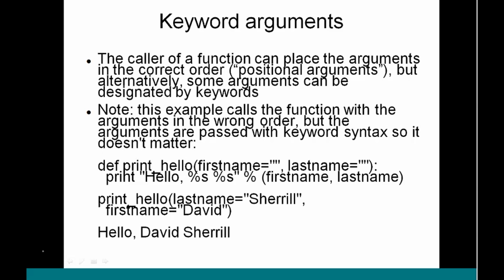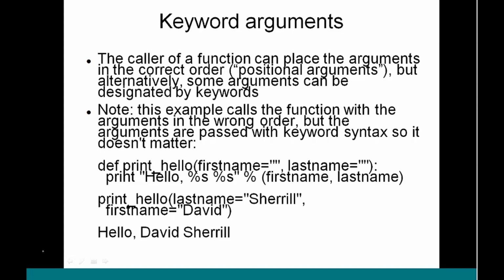Sometimes we can change the order by assigning keywords. So how do we pass that? In this example, it's a function with arguments in the wrong order, but the arguments are passed with the keyword syntax so that it doesn't matter.